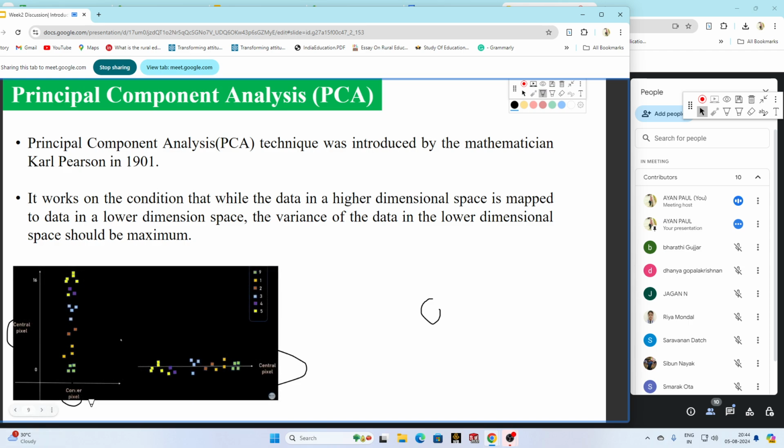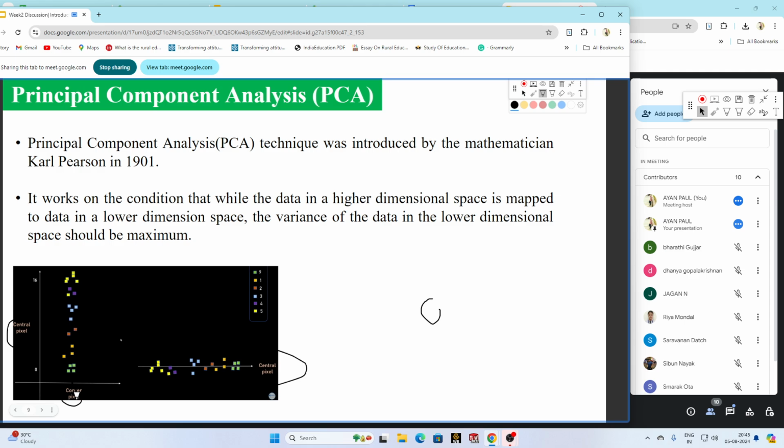See this case, a number data set. We have two inputs, corner pixel and central pixel. But look at this graph very well. At one corner pixel we are getting maximum variability in the center pixel. That means our center pixel is giving more variation.